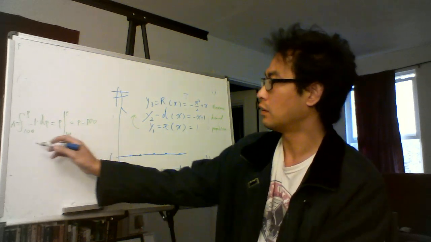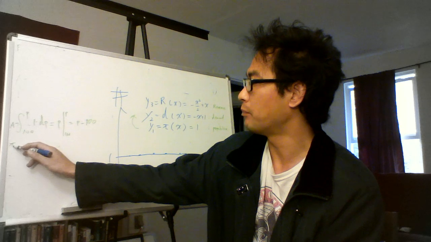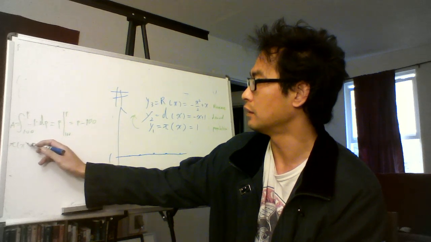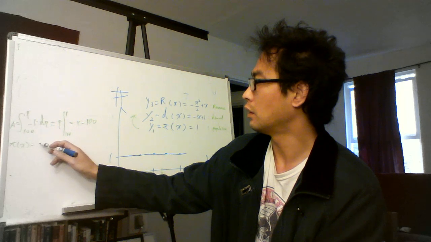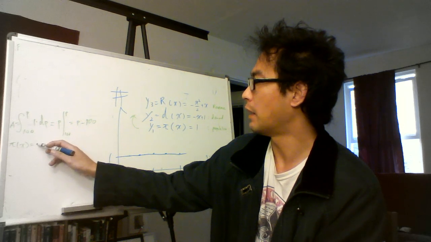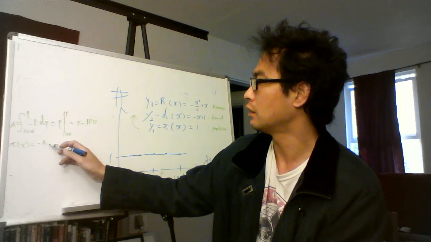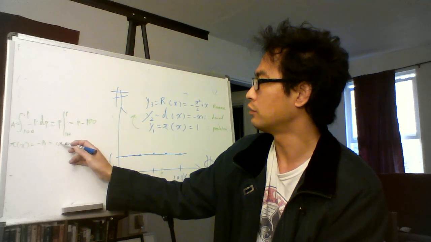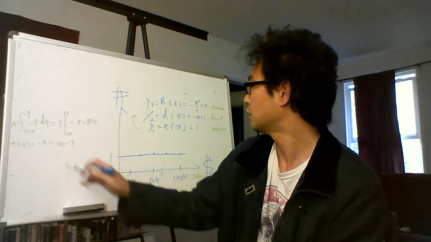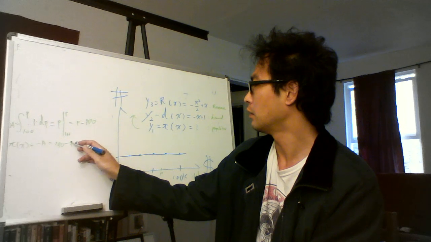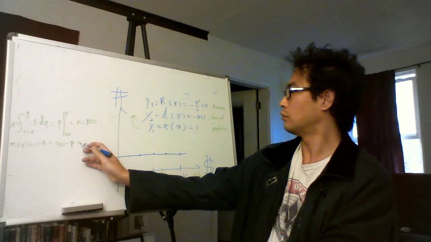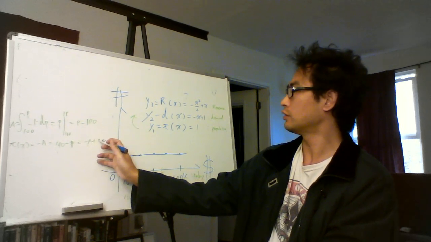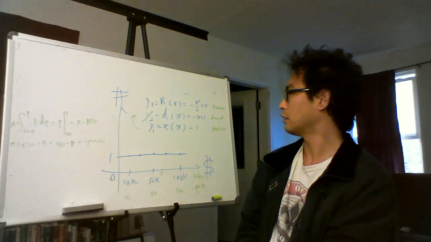So we define pi over x is equal to minus a, which is 100 minus p, which is equal to minus p plus 100.